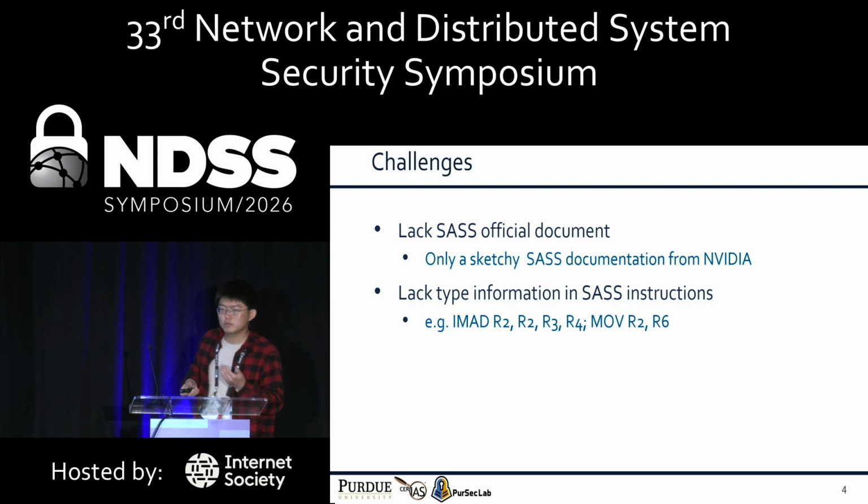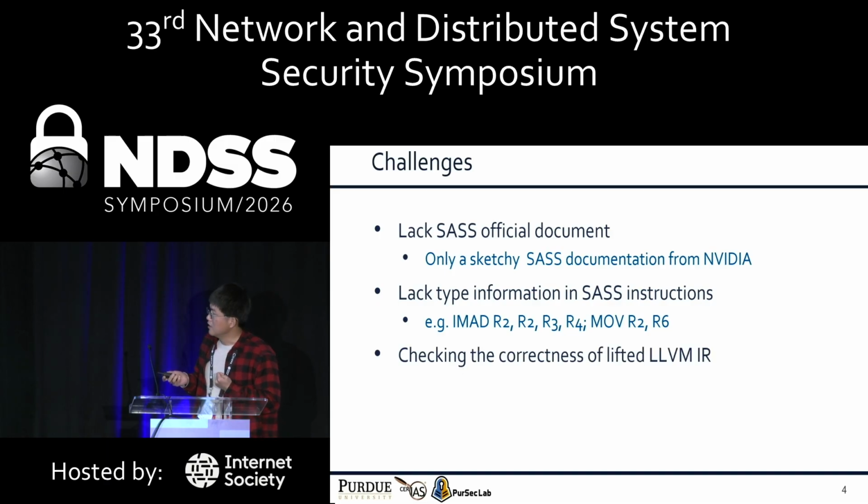But if you want to translate it to LLVM IR, we need the types. So we need to figure out a way to figure that out. Then also after the lifting, we need to check the correctness. We don't know if it's wrong or correct. So I will solve these challenges during the discussion of our work.